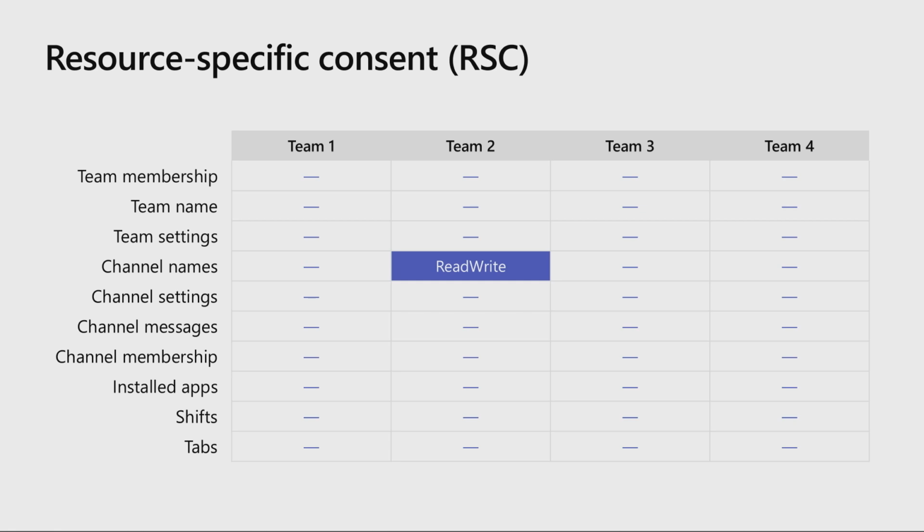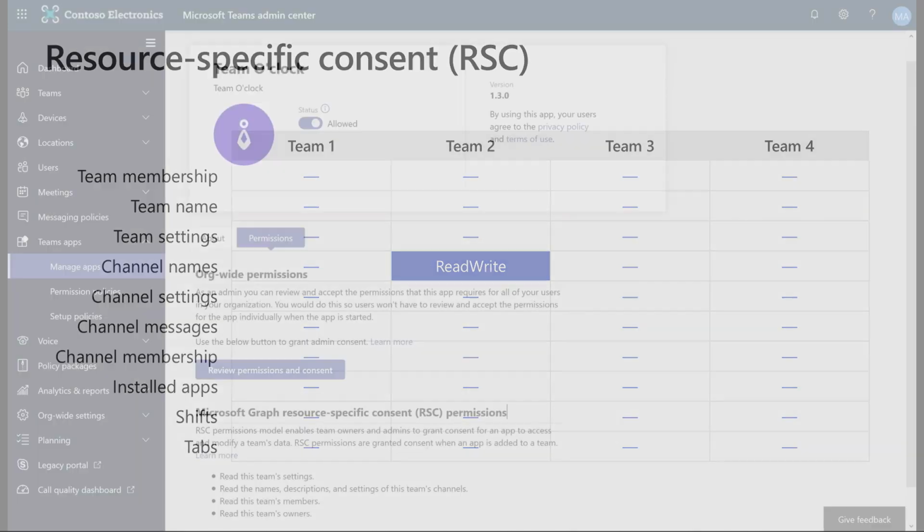So if the app needs access to channel names, but only in a team where it is being installed, by leveraging resource-specific consent permissions, the app would get access to only, let's say, team 2, where the app is being installed. So that really provides higher trust to the IT admins that the app is getting access to the data only in a limited scope where it needs to be.